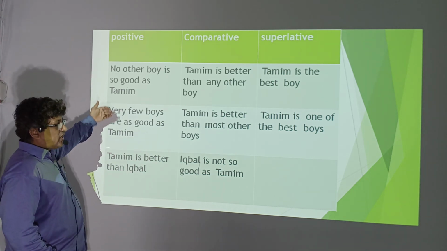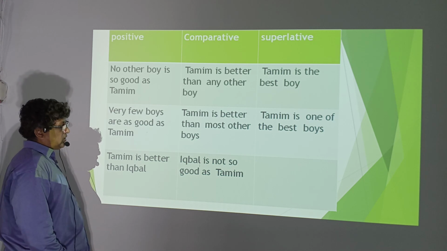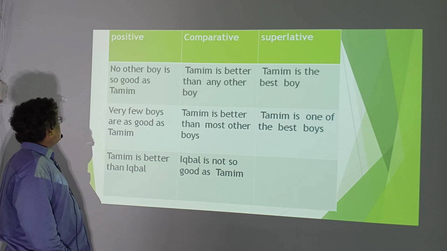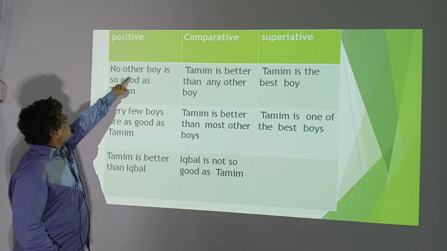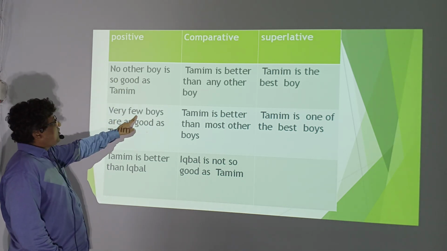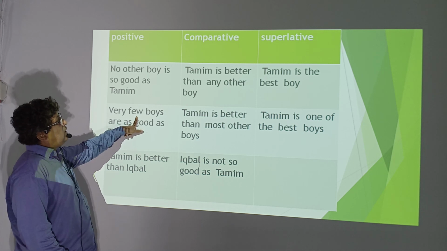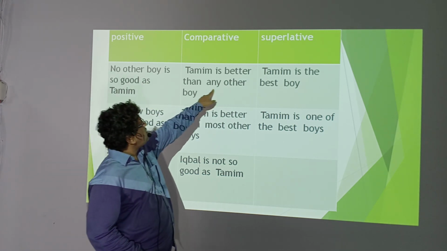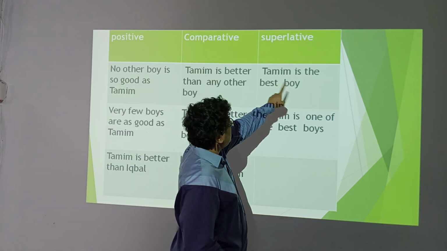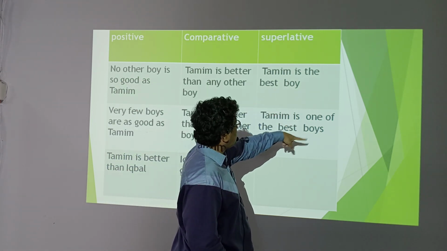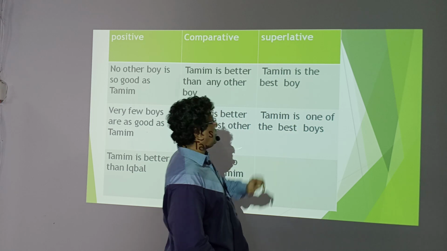Second type: "very few boys." When instead of "no other" we find "very few," we will notice that instead of "any other" there will be "most other," and instead of "the" plus superlative form we will find "one of the" plus superlative form.